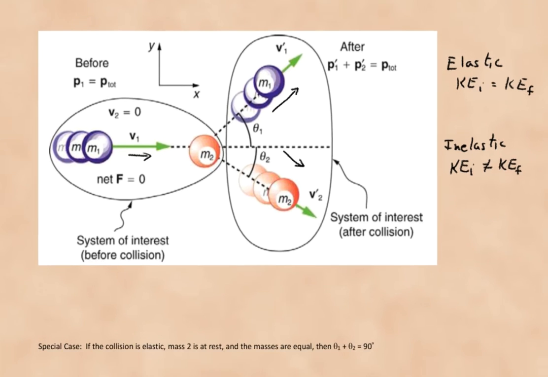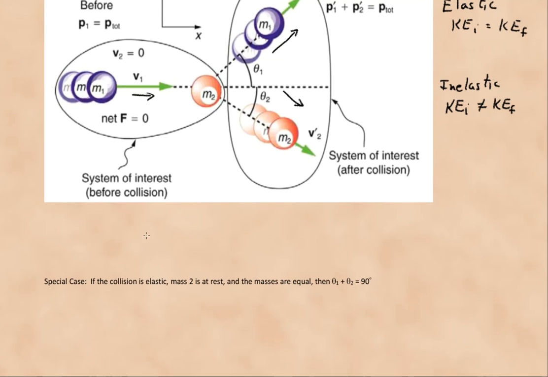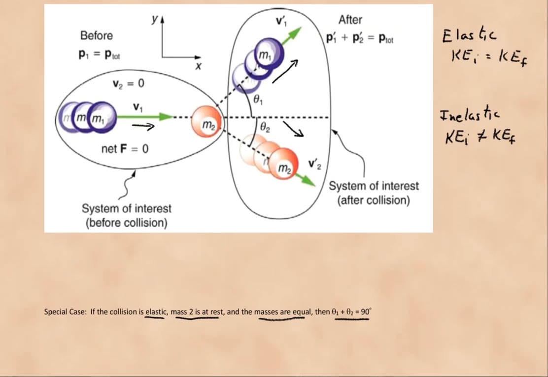Now, there is a special case: if the collision is elastic and mass 2 is at rest and the masses are equal, then there's a relationship between the two angles, theta 1 and theta 2, in that they will make a right angle.